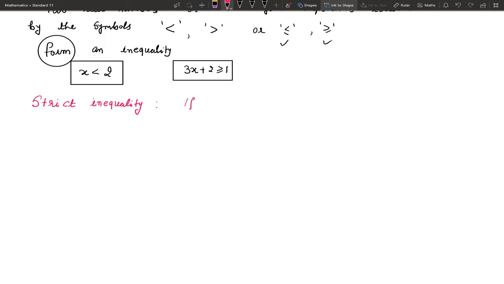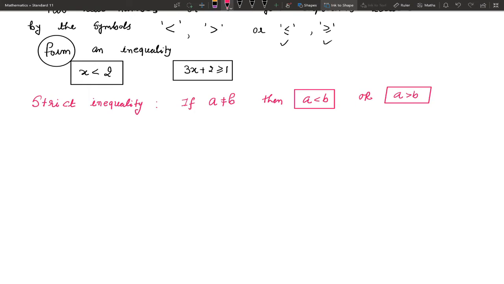If a not equal to b, then a less than b or a greater than b. So either less than or greater than.